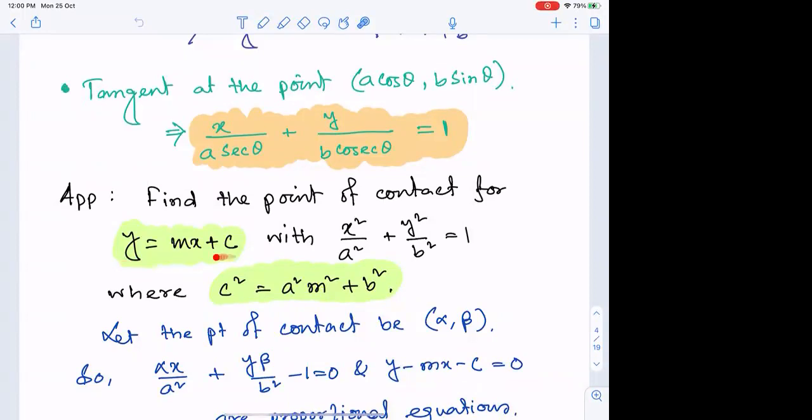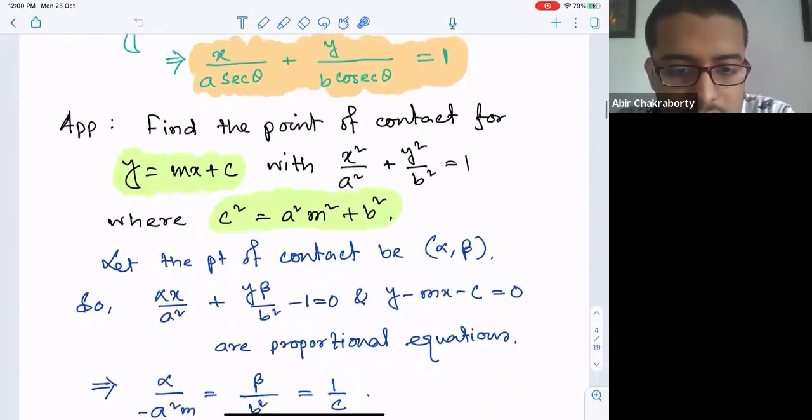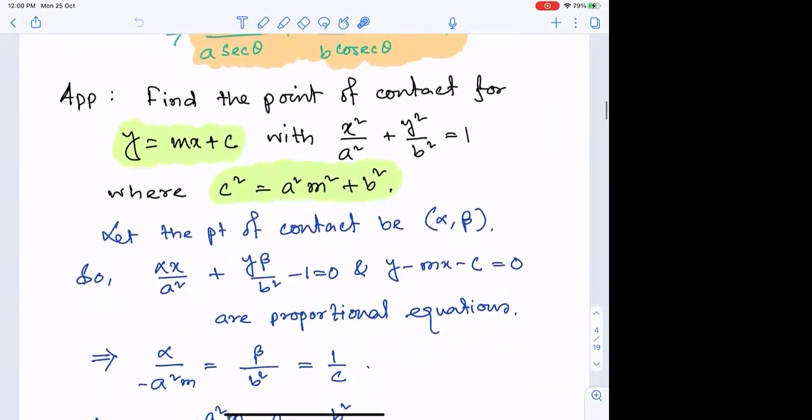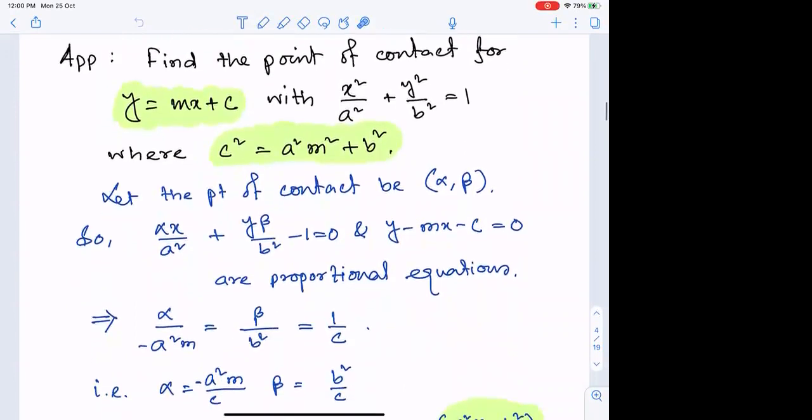So the given tangent must be proportional to the T transformation due to the assumed contact point. Is that okay? Yes, sir. So when these two proportional equations are compared, they give us alpha as minus a square m by c and beta as b squared by c.